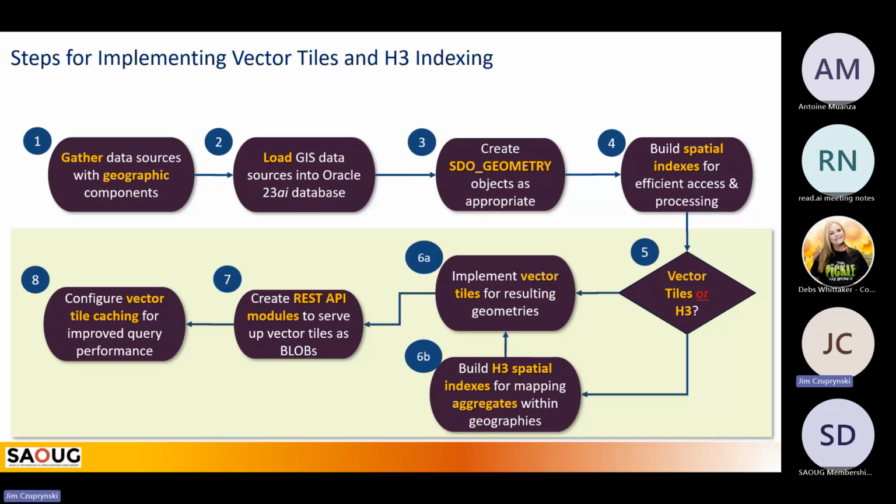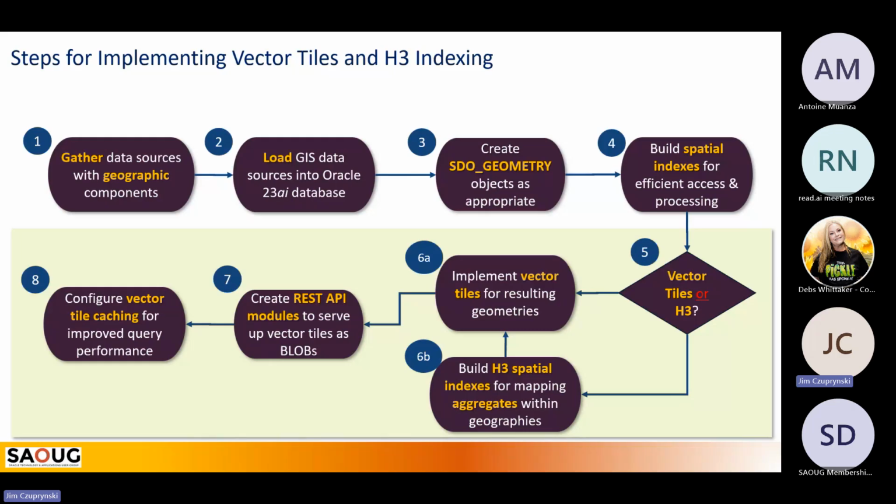Well, so what? What's different? Here's what's different: everything in that light green box in the bottom. We have the choice of vector tiles, or using in concert with vector tiles, H3 spatial indices. And why are these important? Because they're mind-blowingly faster, and I'm going to demonstrate that in just a second.